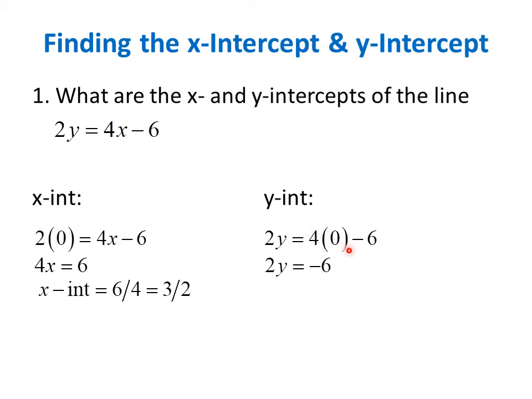This one becomes 0, so on the right side we have negative 6. To completely isolate y, we have to divide both sides of the equation by positive 2. So on the left side we have y, the y-intercept, and on the right side we have negative 6 divided by 2, so you get negative 3 as the y-intercept.